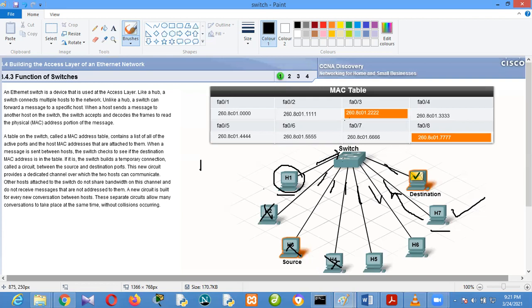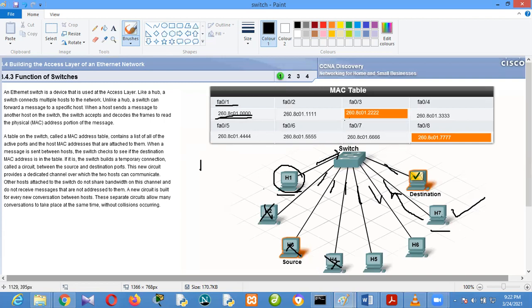So when the switch gets the message, the switch will secretly register the MAC address of H1 in its ARP table. This is the MAC address of H1, and maybe H1 is connected to FastEthernet 0/1.